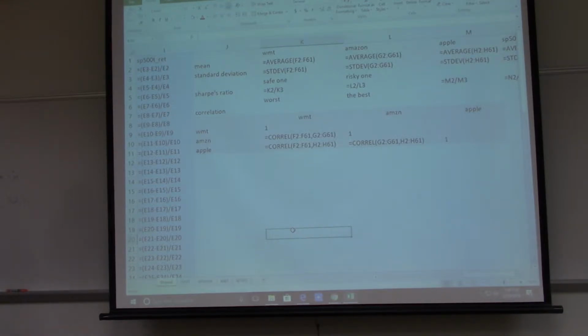So now you just use CORREL, the correlation syntax, and the input is 2 arrays. One is the stock return of Walmart, comma, and the stock return of Amazon. So you guys got it?